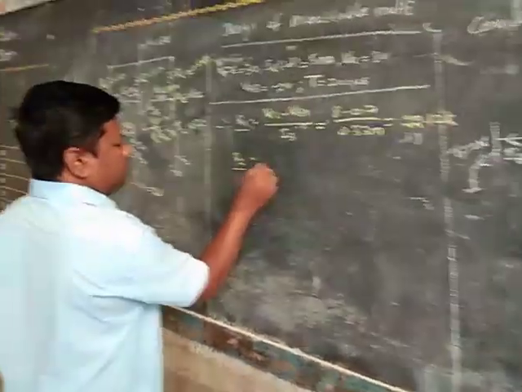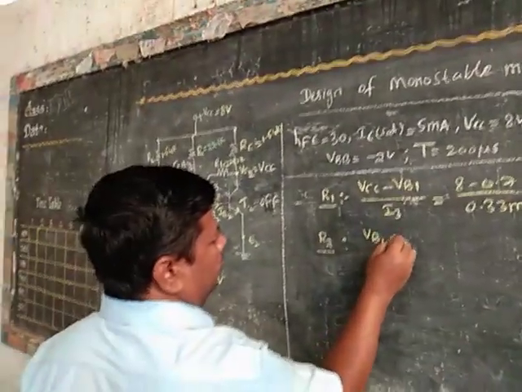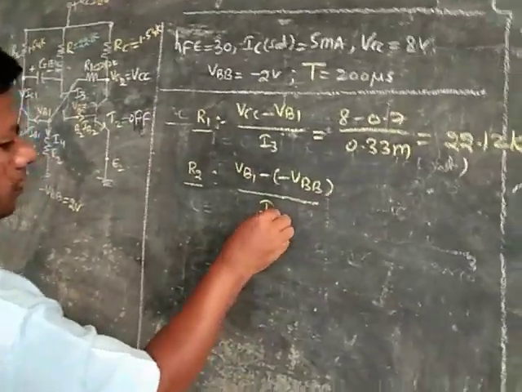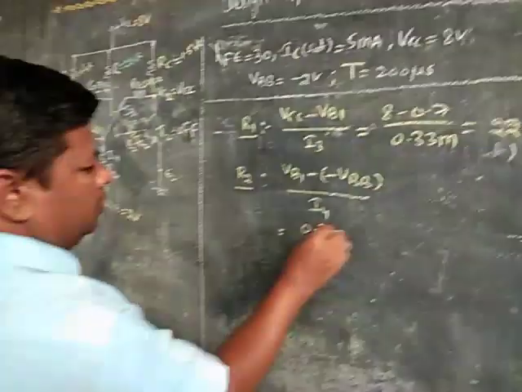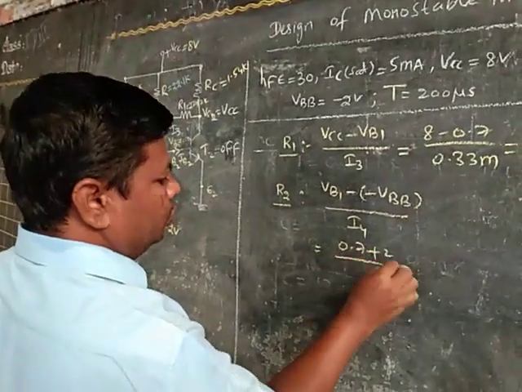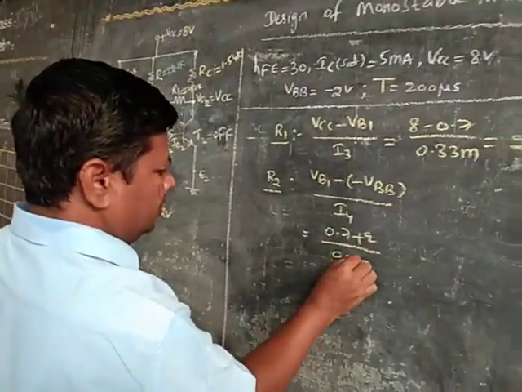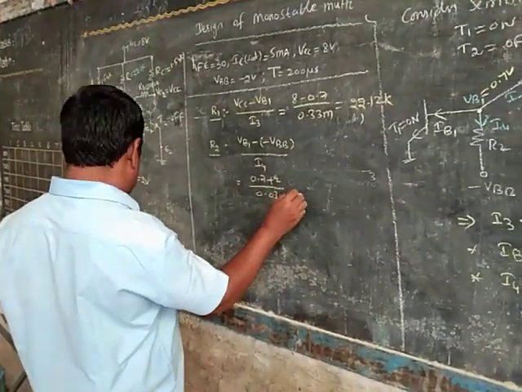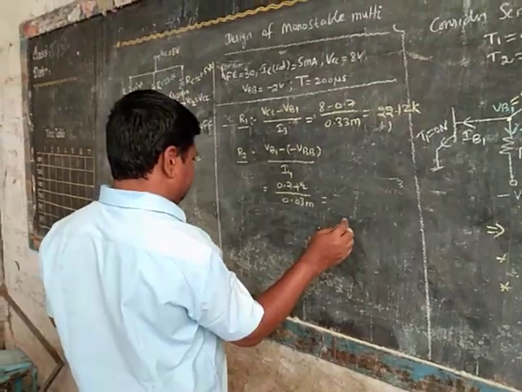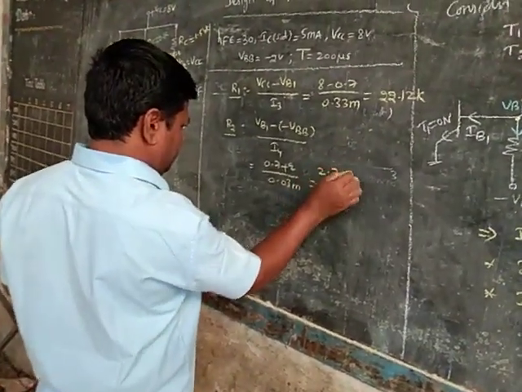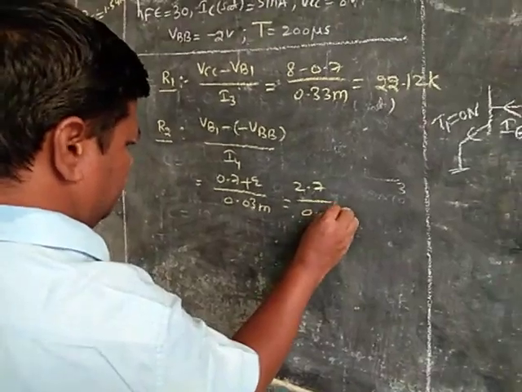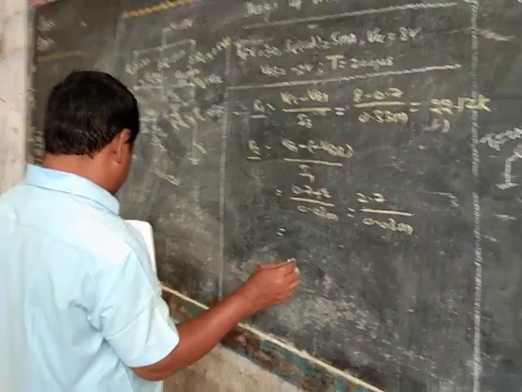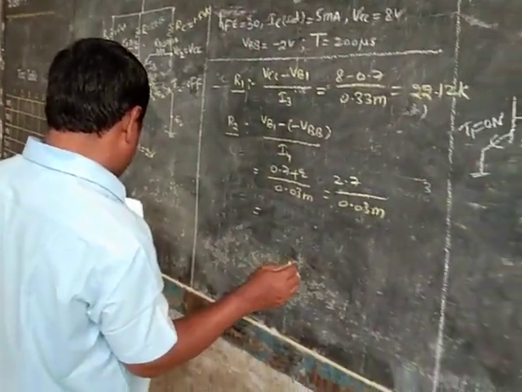Then R2 is equal to VB1 minus VBB by I4, that is equal to 0.7 plus VBB 2 by 0.03 milliamps, that is around 2.7 by 0.03 milli, then 90 kilo ohms.